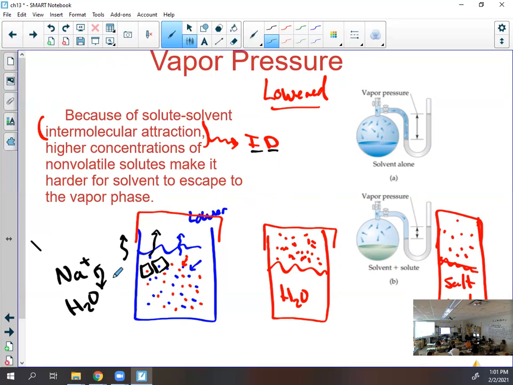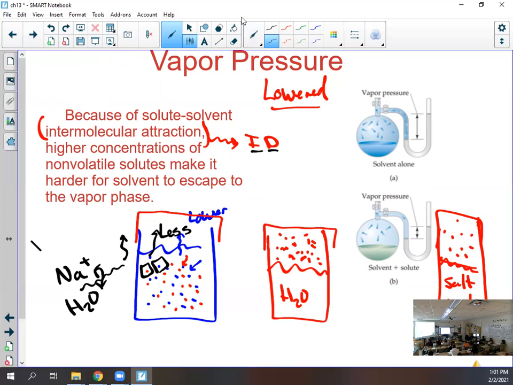In order for the water particle to evaporate or turn to a vapor, that has to be broken. So it means that there's less vapor on top than there should be if we add a solute. We're adding more intermolecular forces. Yep. And that causes a lower vapor pressure.